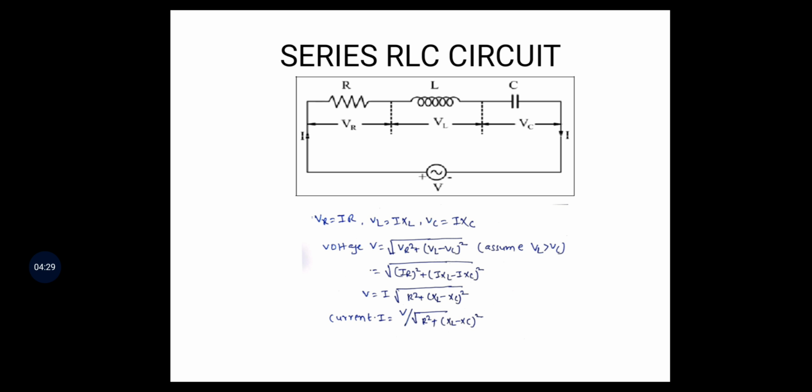if we assume VL is greater than VC, then the resultant voltage V equals the square root of VR squared plus VL minus VC whole squared.